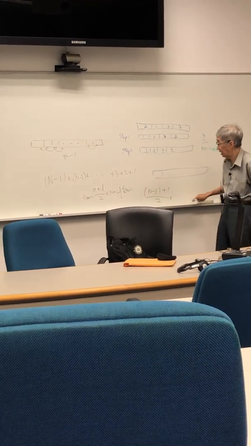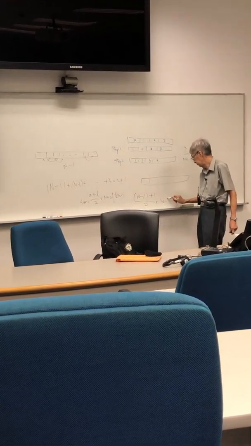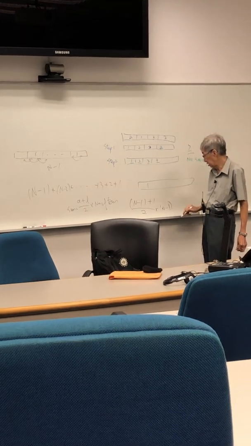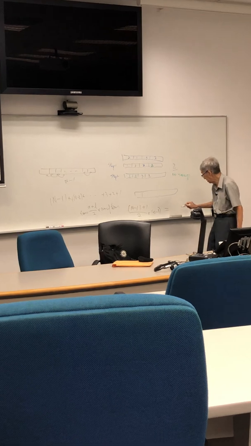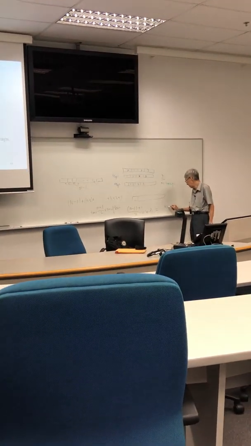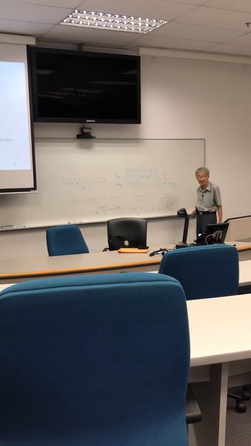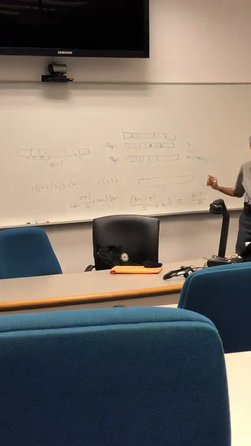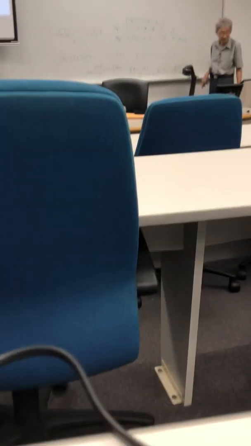How many terms here? n-1 terms. So n-1 plus 1 means n. So it's n times n-1 divided by 2. This is the total number of comparisons. At most, the maximum number of comparisons. The maximum number of swaps is the same. It's also this number.